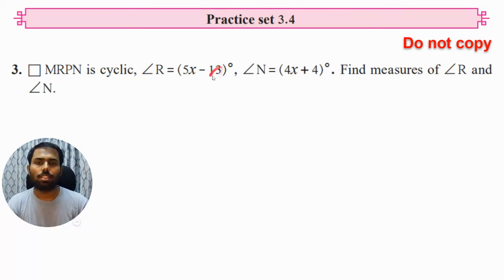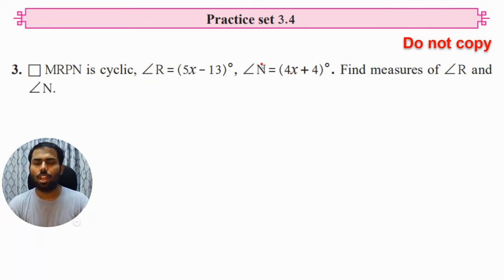So 5x minus 13 plus 4x plus 4 will add up to 180, right? So solve that equation and find x. Once you find x, substitute here to get angle R, and substitute here to get angle N, right? So again a very simple sum.